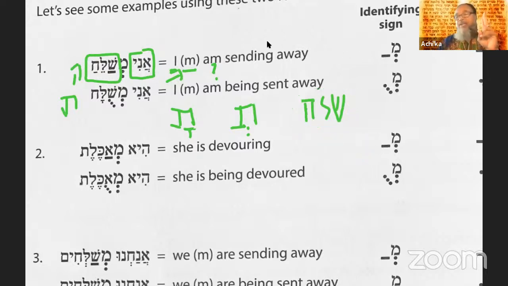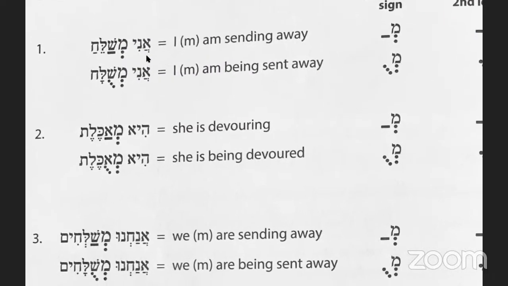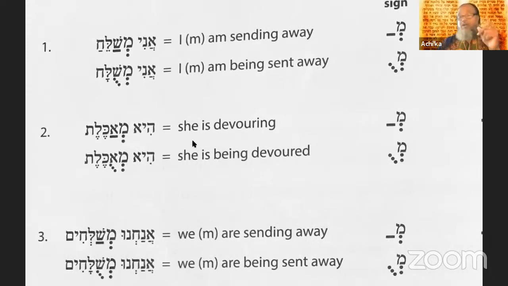How many different ways can one do what they call a present tense? 2 or 4? 4. So the 4 that they're going to teach us are going to be a masculine way, a feminine way, a masculine plural, or a feminine plural.